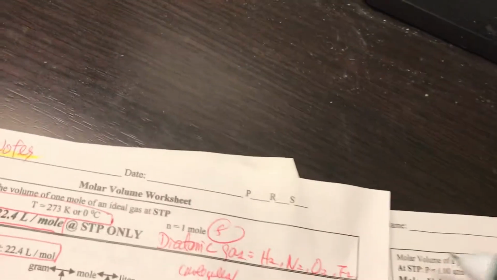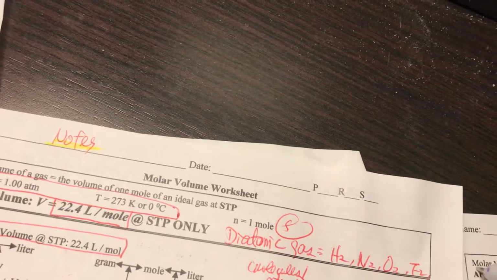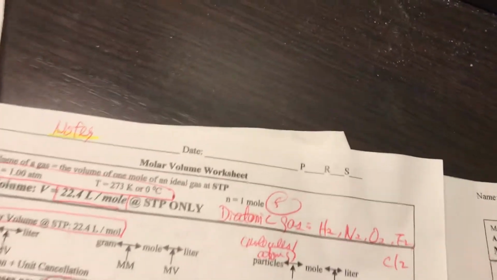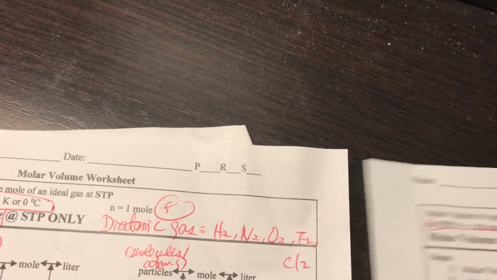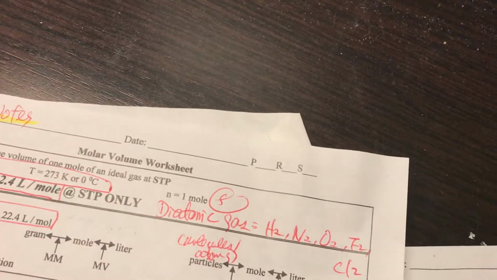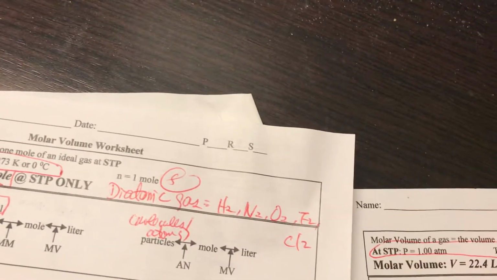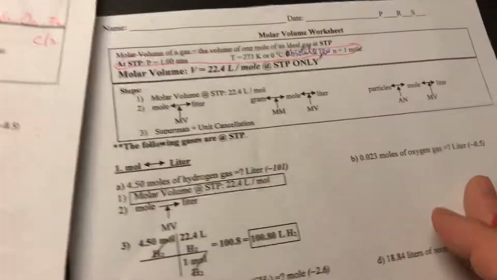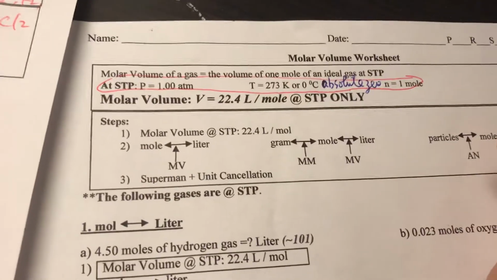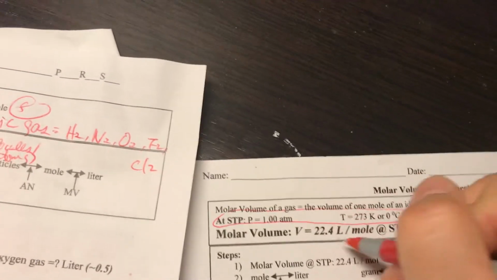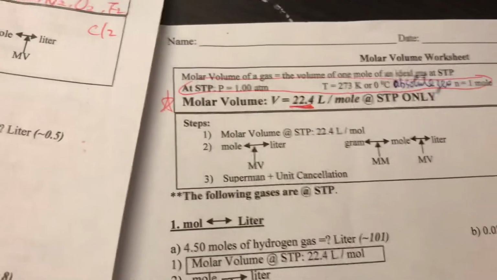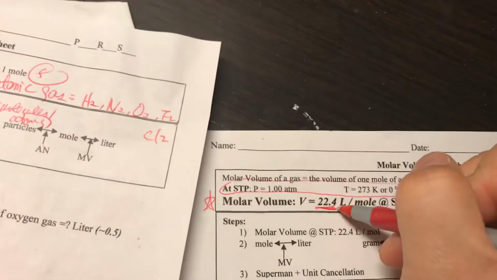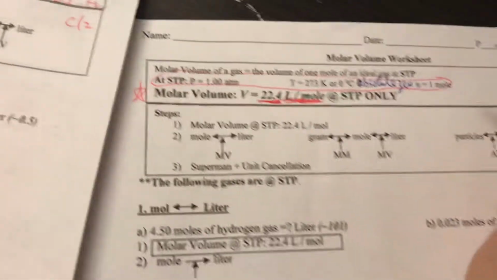Make sure that you recognize STP conditions, and you don't have to memorize the number, molar volume is 22.4 liter, because it's in the periodic table.